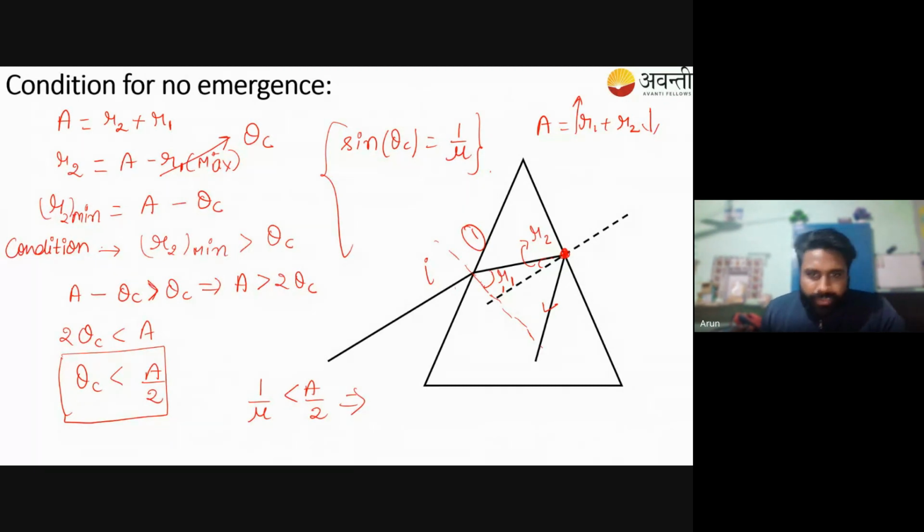So you have mu is greater than 2 by A. So these are the conditions for no emergence that you have. If you have any kind of doubt, you can ask.